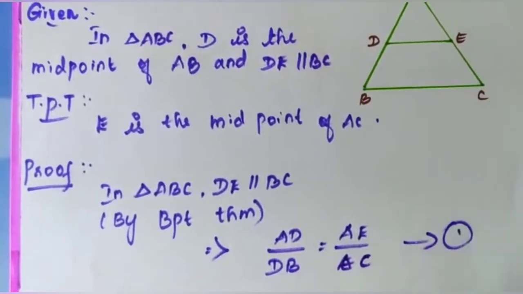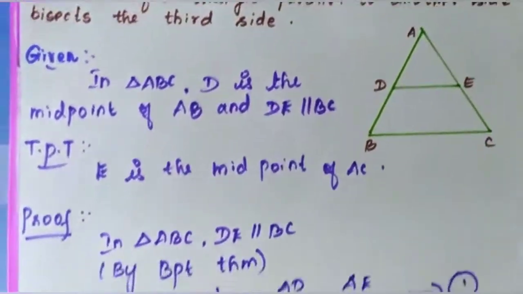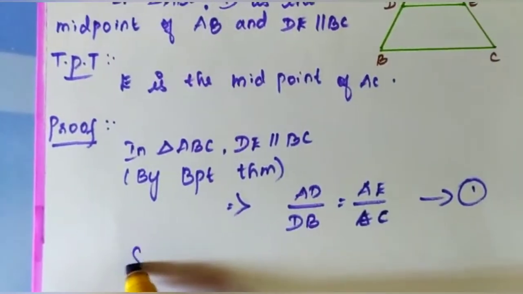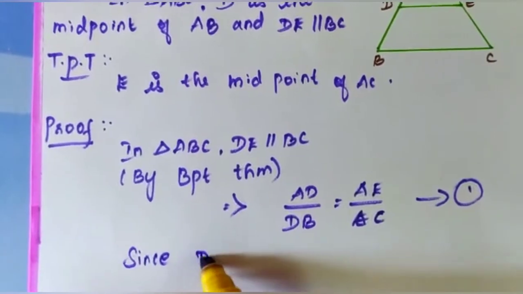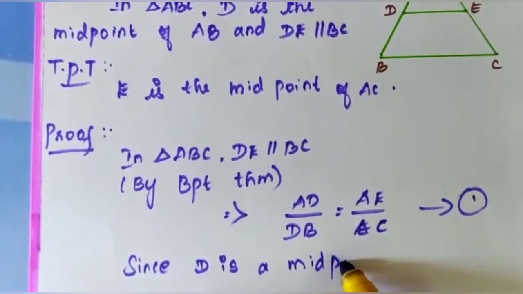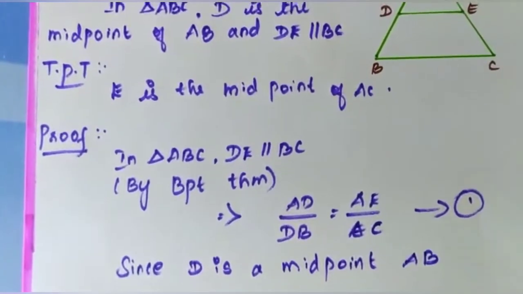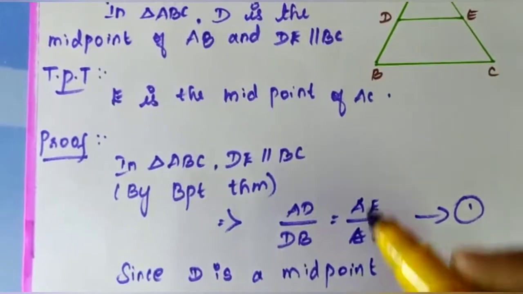Mark this as 1. And they said that D is a midpoint of side AB. This is given in the question.